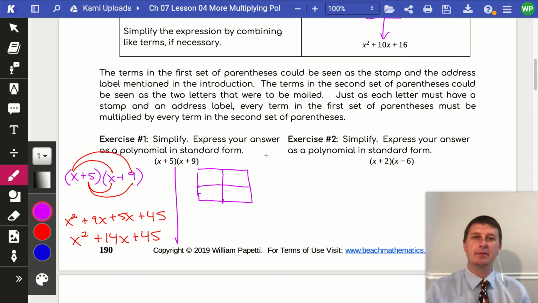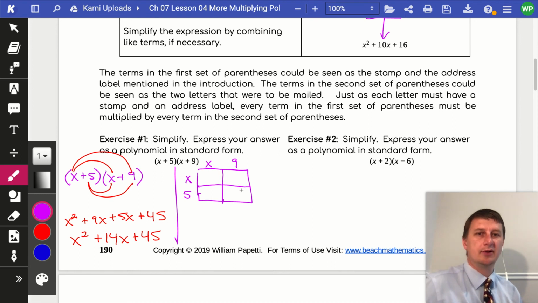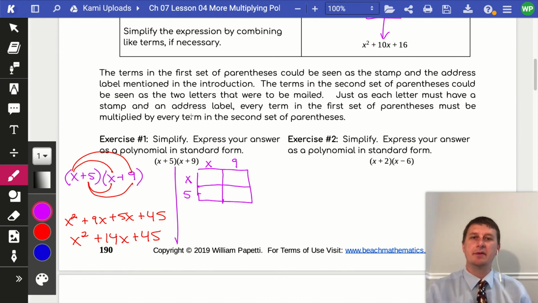Now outside the box, we're going to put our first term of x and then positive 5. And then on the top of the box, we're going to put our first term of the second set of parentheses and then our positive 9. And now just like a multiplication table, or maybe in science, if you've done the Punnett square, we're going to multiply where we meet in the middle.